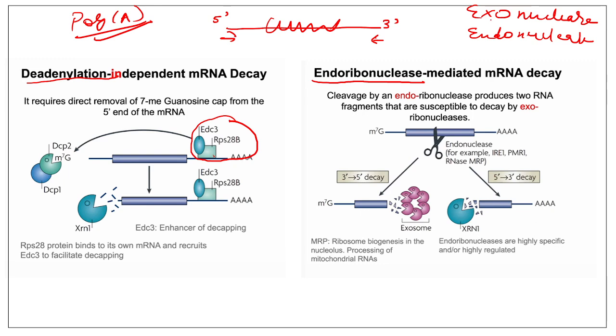Correct? So exonuclease acts at the exterior ends, 5' and 3', and endonucleases act somewhere in between. So what happens? Cleavage by an endoribonuclease produces two RNA fragments that are susceptible to decay by exoribonuclease.